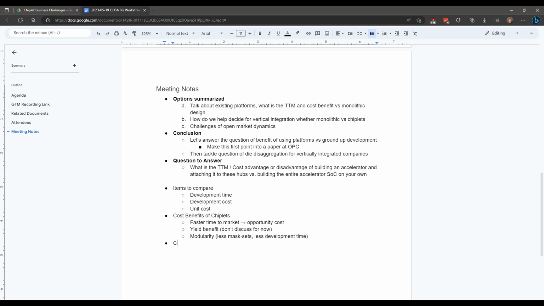Those are three distinct questions, at least in my head, and I was going towards answering the third one, because we have two companies who are fairly active in the ODSA producing these hubs on which people can hang their chiplets. Where it'll be somebody like Anu's company, Microchip, which has to revamp a chunk of their product line towards chiplets.